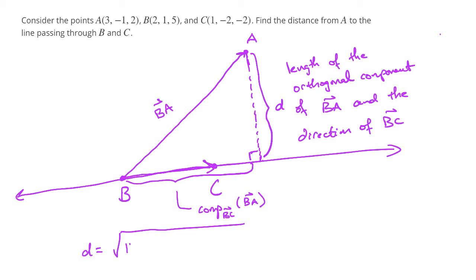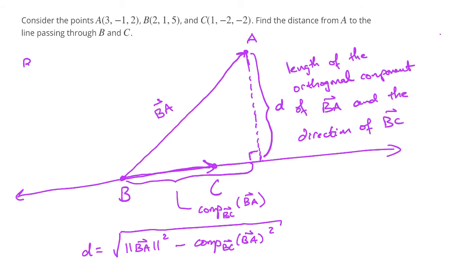It's going to be the length of our vector BA squared minus the square of the component of BA in the direction of BC squared. Oops, let's fix that. So by this, we really mean our vector BA squared.